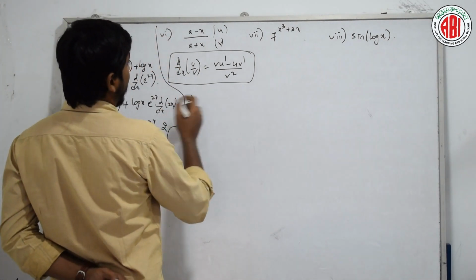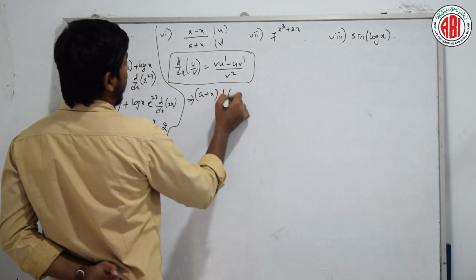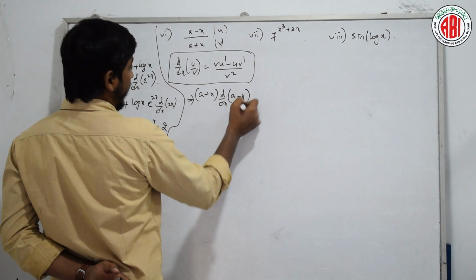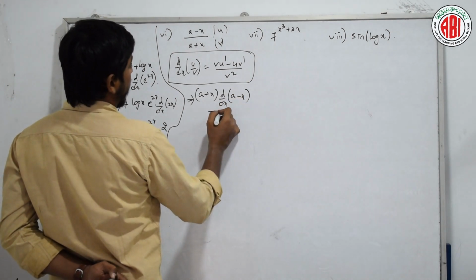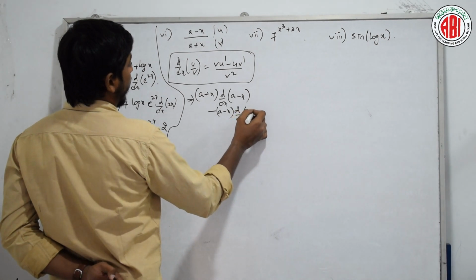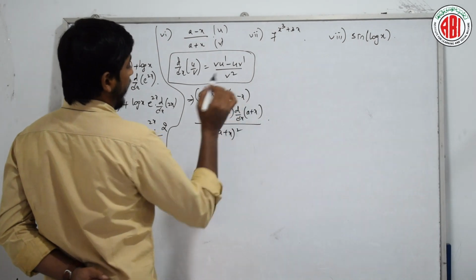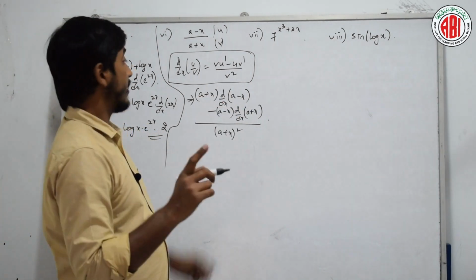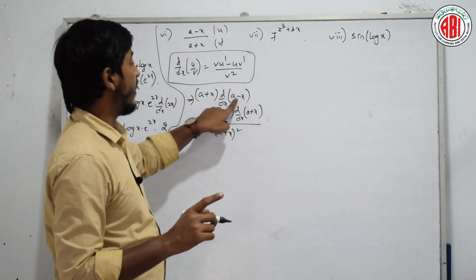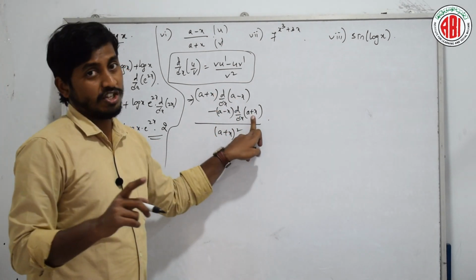Therefore, that will be a plus x into derivative of numerator minus a minus x into derivative of denominator, whole divided by square of denominator. See here, u v dash, that is a minus x's differentiation, v u dash.